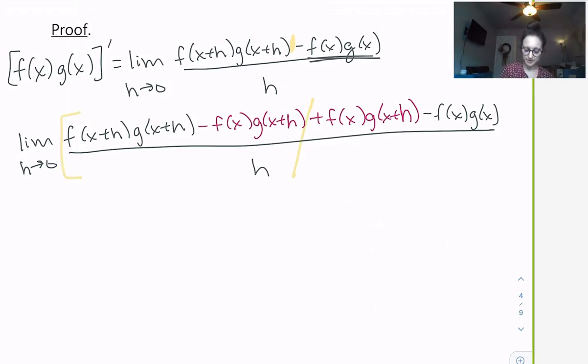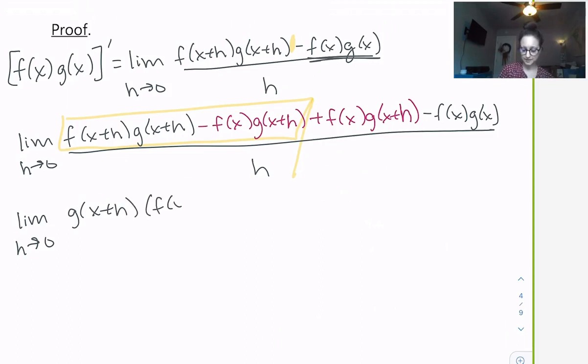So if I take a look at this part, those two terms have something in common. They have what in common? They have a g of x plus h that I can factor out. And what's left is f of x plus h minus f of x all over h.